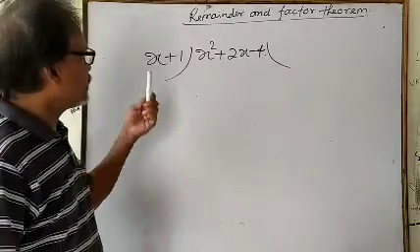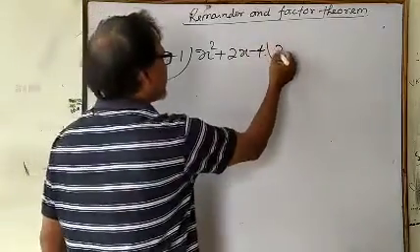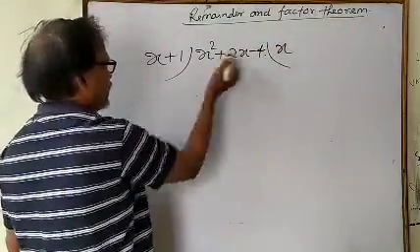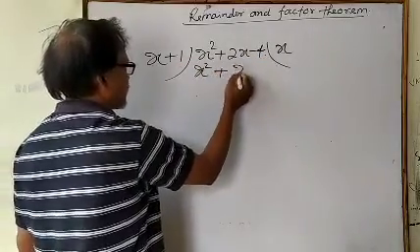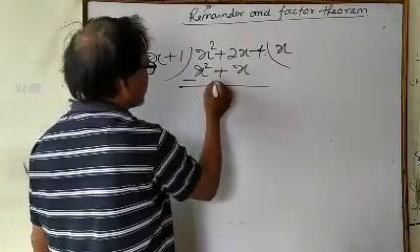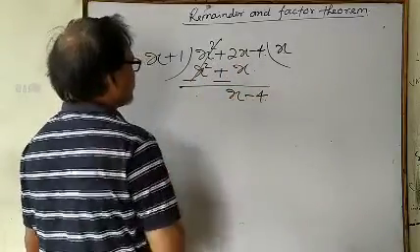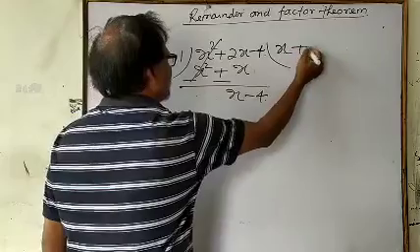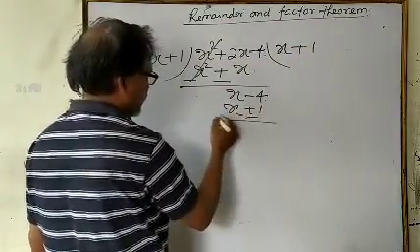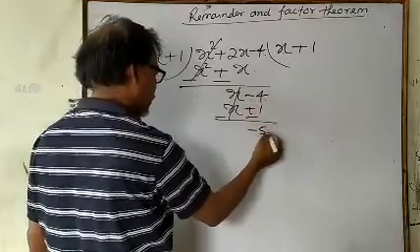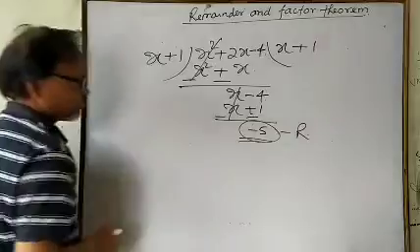In this case, if you divide this by x plus 1, what you will get? x into x square, x into 1 plus x, and then subtract, you will get x minus 4, again plus 1 into x and plus 1, minus, that is minus 5. This is the first example and the remainder is minus 5.